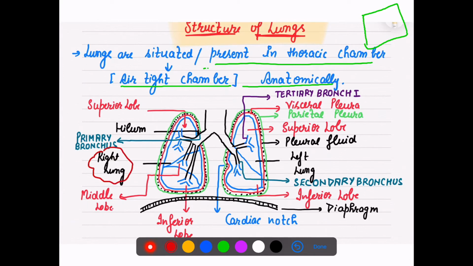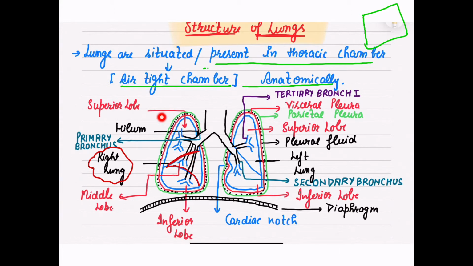The right lung has 3 lobes, so now you can look at the lobes with me. One by one, this one is our superior lobe. This area that I have just drawn is the middle lobe, and the lower one is the inferior lobe.